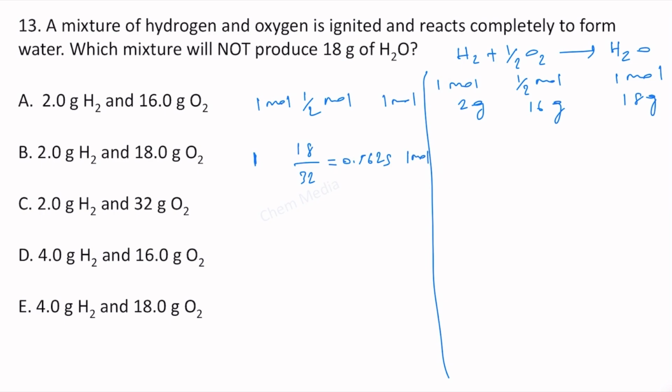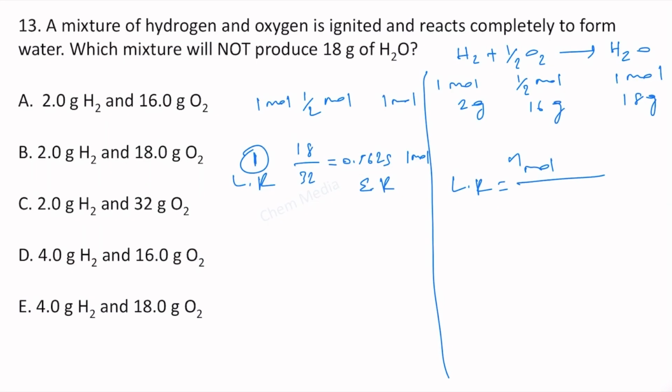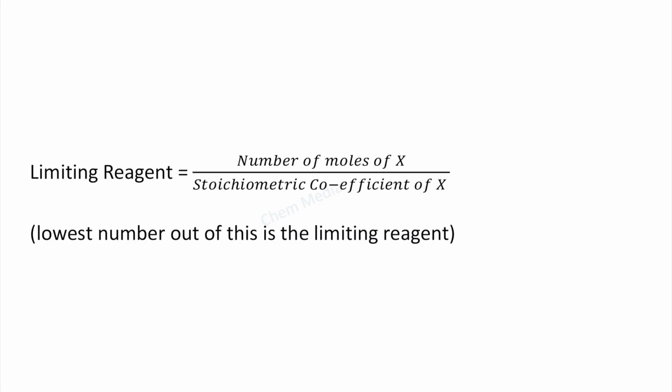This is slightly excess, and therefore we would still get 1 mole. Now, the reason why we will not get more than 1 mole here is because H2 is the limiting reagent, whereas the O2 is the excess reagent. In case you have forgotten the concept of limiting reagent, it is where we take the number of moles we have divided by the stoichiometric coefficient.